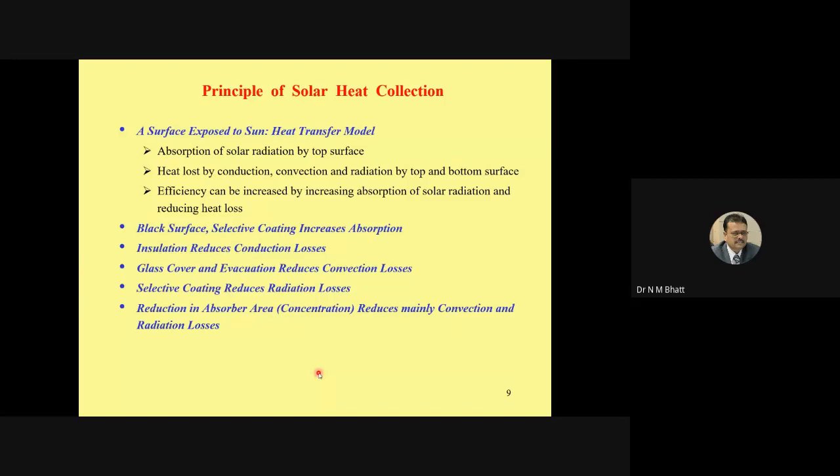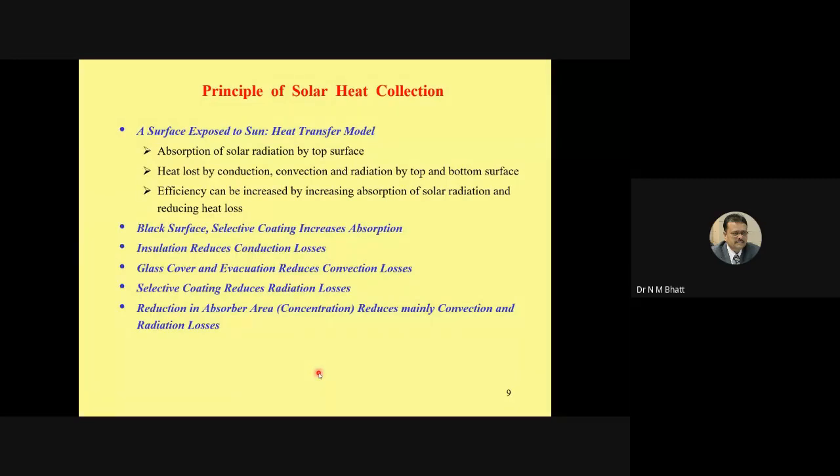Any researcher, any PG student, any ME, MTech or PhD student who is going to work on a solar thermal system needs to understand how the solar collector captures the heat. So let's start with this understanding of the principle of solar heat collection.